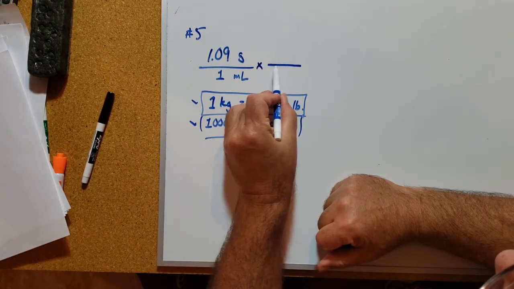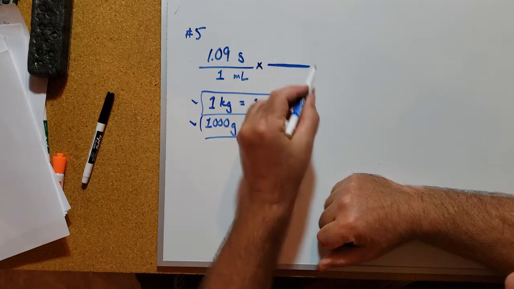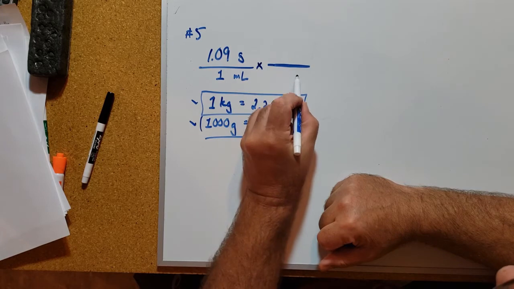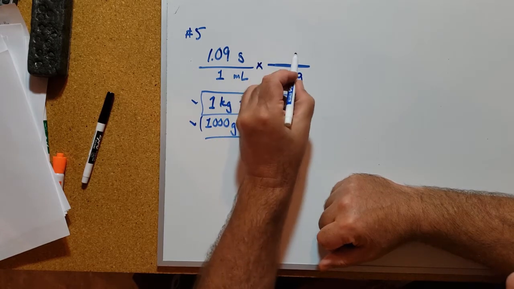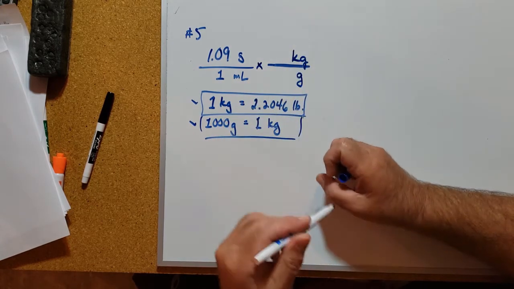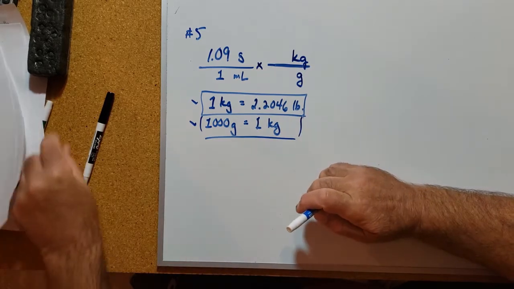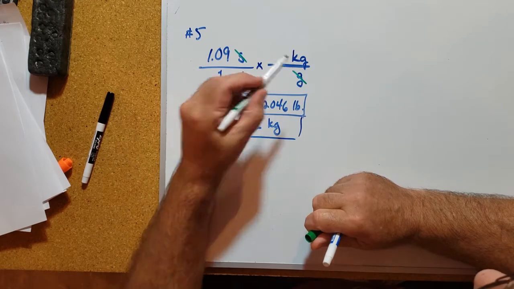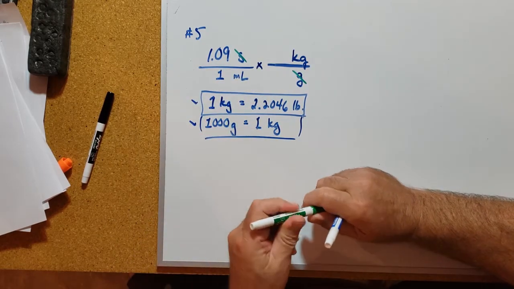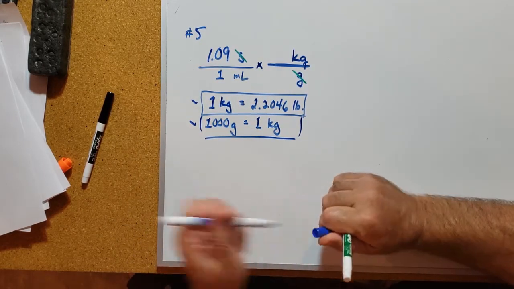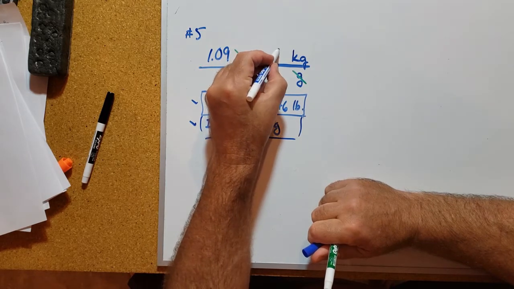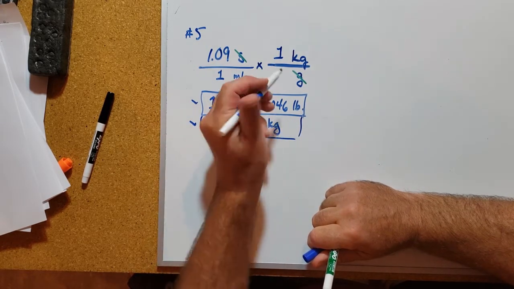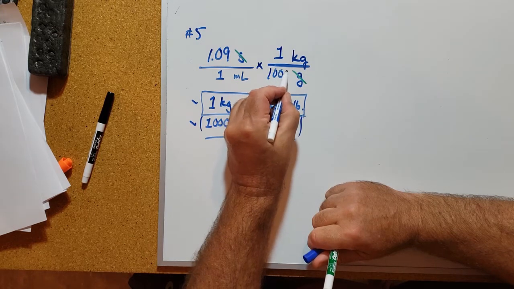All right, so we are going to include as the first conversion factor the grams to kilograms. Of course, we're going to put grams down here and kilograms up here. The sole purpose of setting these things up in this manner is to be able to cancel out grams. Now, the numbers in question were 1 kilogram on top and 1,000 grams on the bottom.